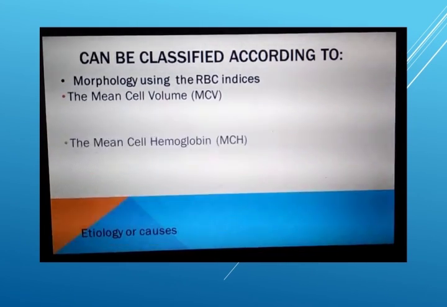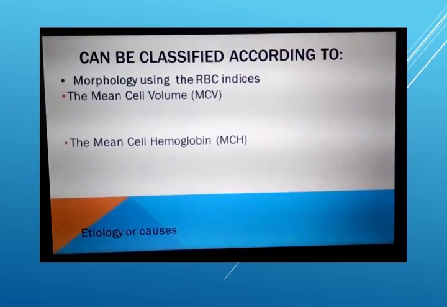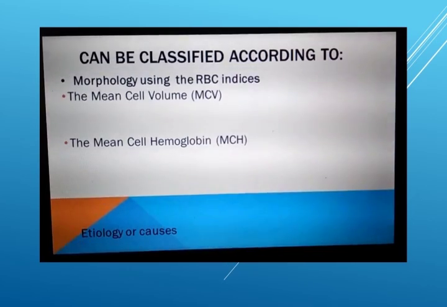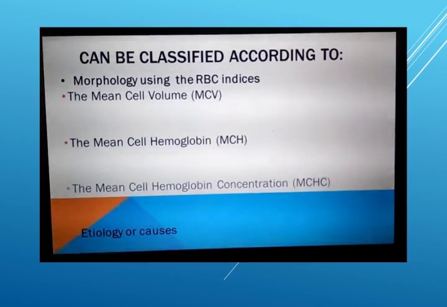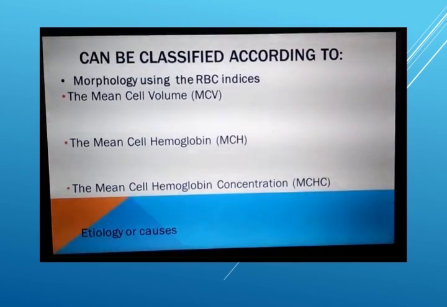Next, the mean cell hemoglobin or MCH, which measures the average weight or amount of the hemoglobin in our body circulation. Next, and lastly, the mean cell hemoglobin concentration or MCHC.